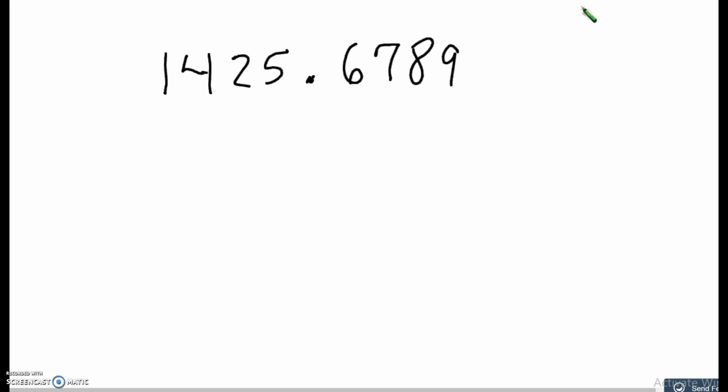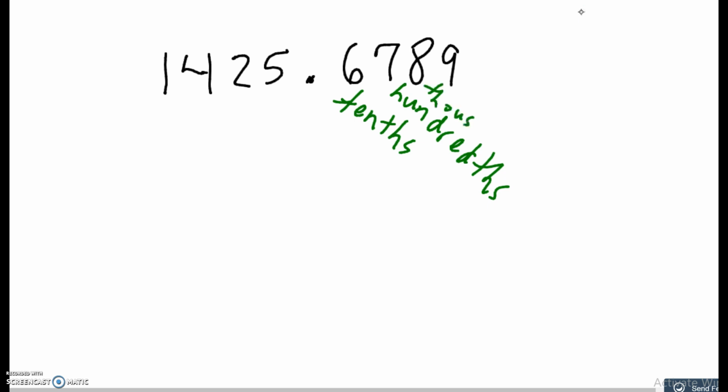The first position to the right of the decimal place is the tenths. The next place is the hundredths. The next place, which would be the 8 in this case, is the thousandths. And the 9 is in the 10,000ths.